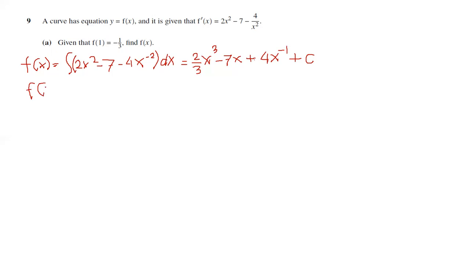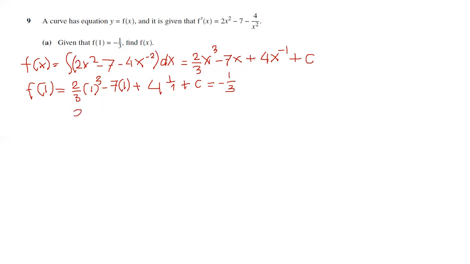F1 equals 2/3 times 1 cubed, minus 7 times 1, plus 4 over 1, plus c equals negative 1/3.